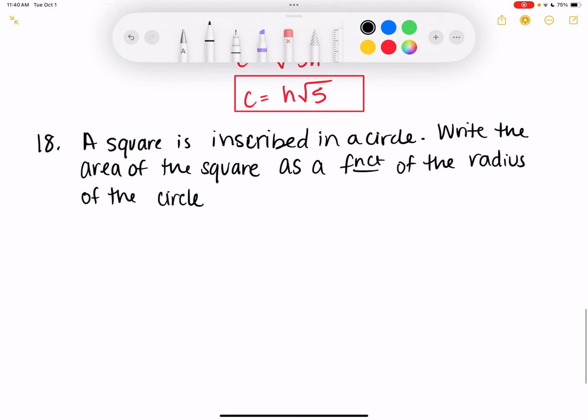I think I saw one of these on the SAT practice test. It's very possible.